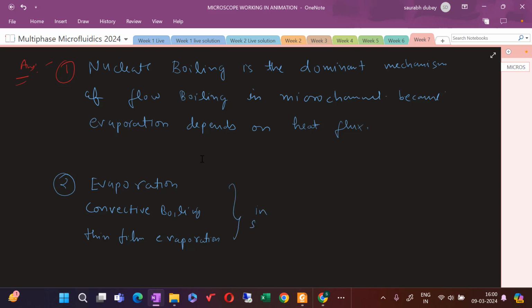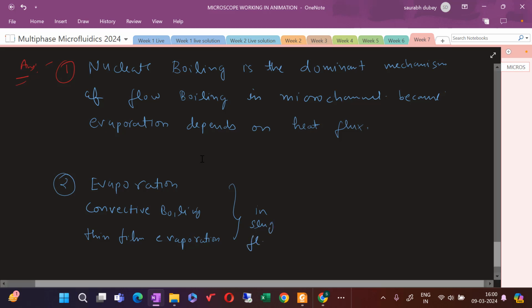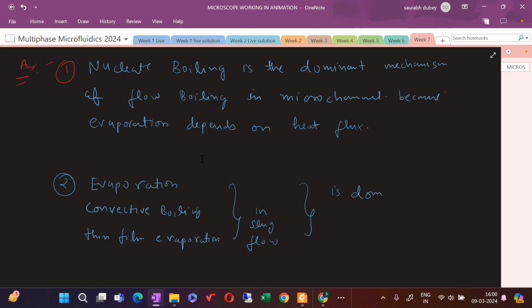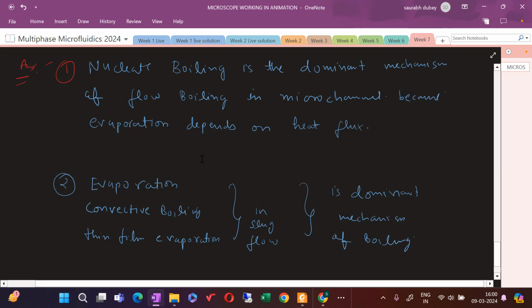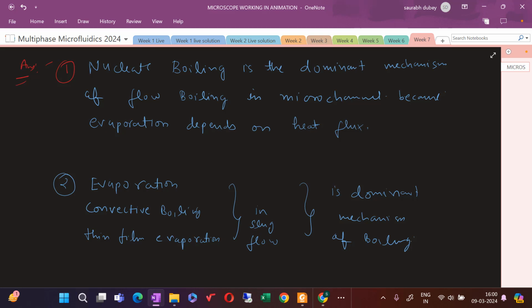In slug flow it is the dominant mechanism of boiling. So these are the two streams of the dominant mechanism.